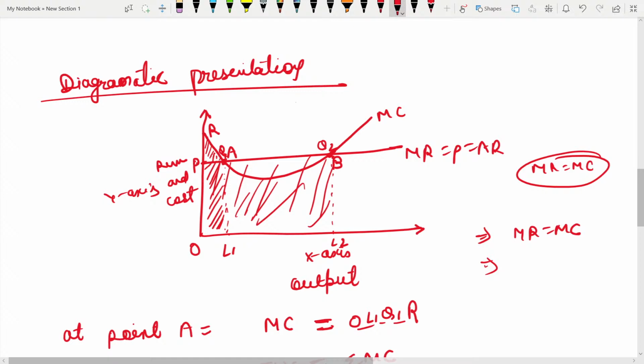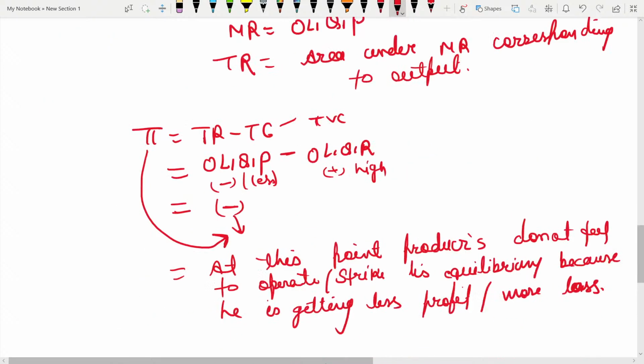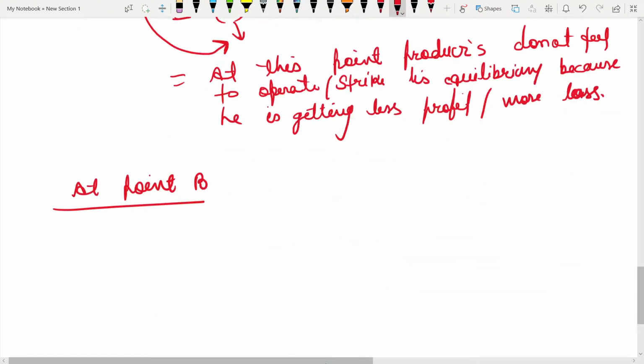So we can say that at this point TR is higher than TVC. So if we see the profit, TR minus TC, if TR is higher then it will be positive.